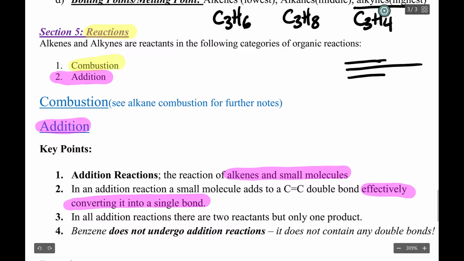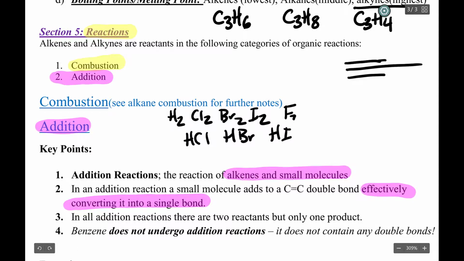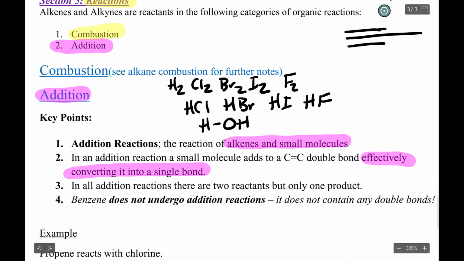And when I say small molecules, I mean a lot of the diatomics, so H2, Cl2, Br2, I2, the hydrohalogens, HCl, HBr, HI, oh, I can't forget about F2, HF, and water. And I break water into H and OH because that's kind of how it adds into a double bond.